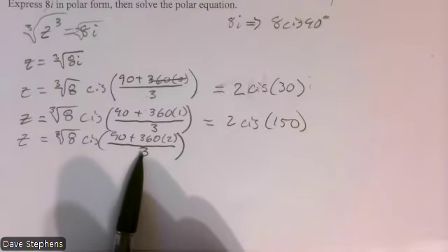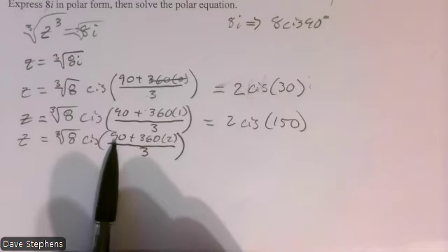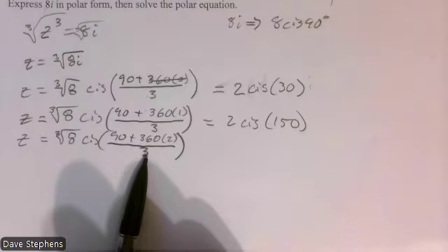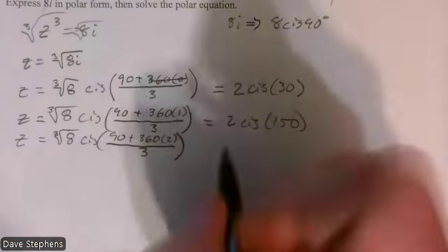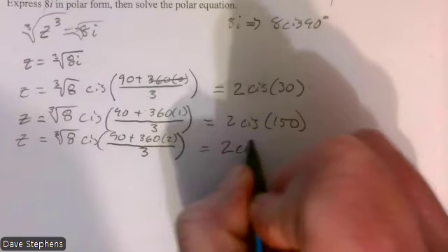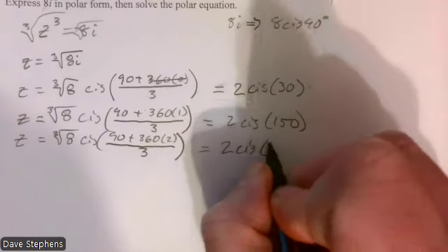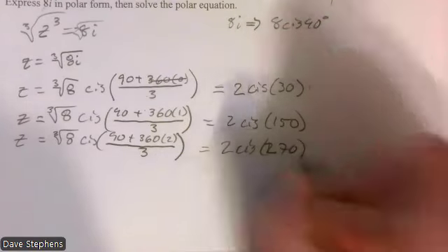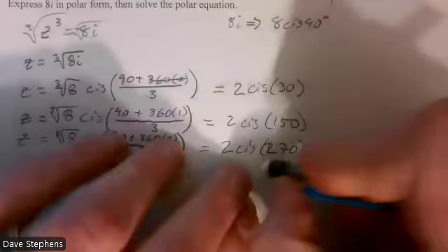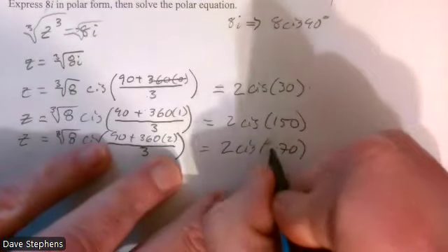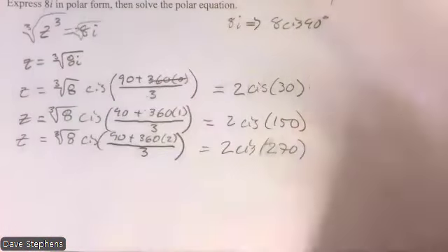Yep, 810 divided by 3 is 270. Hey, there we go. 2 CIS 270. Yep, 150 plus 120 is 270. All right, it definitely checked out.